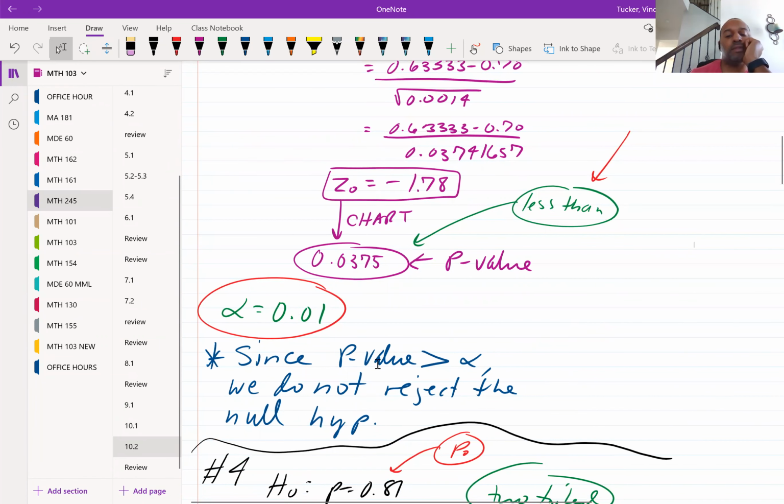If it was less than alpha, we would reject it, but it's greater than, so we will not reject it. All right, questions.